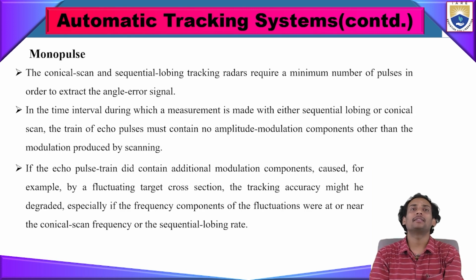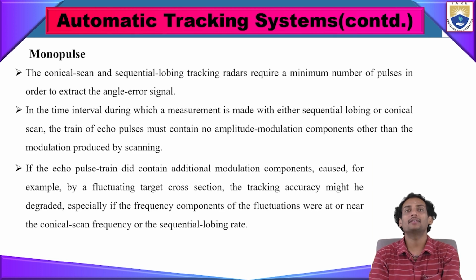Then the monopulse system. Conical scan and sequential lobing radars require a minimum number of pulses in order to detect the angle errors. In the time interval during which the measurement is made with sequential lobing or conical scan, the train of echo pulses must contain no amplitude modulation components other than the modulation produced by the scanning.